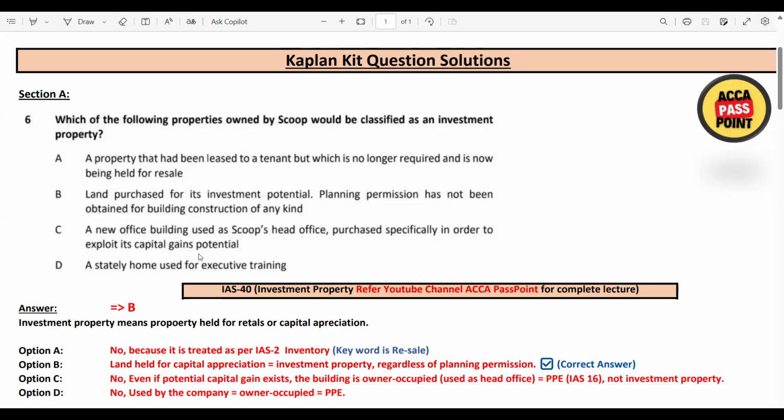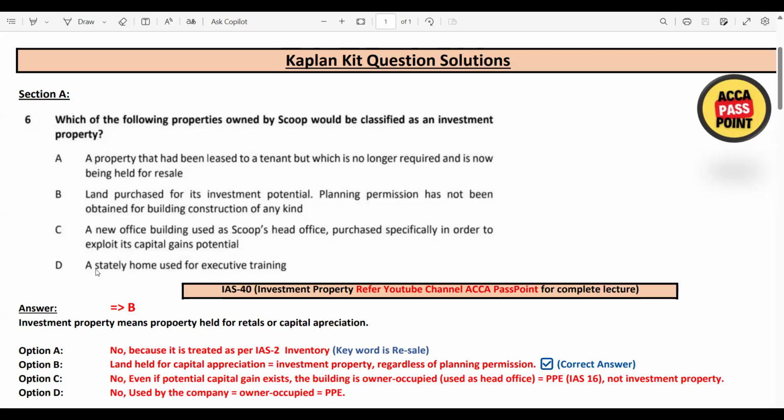If you watch the IAS 40 investment property lecture, in which I have given a separate sheet showing when and how the property will be treated as per IAS 40, IAS 2, IFRS 15, IAS 16 and IFRS 16, you can understand the importance of the IAS 40 lecture.